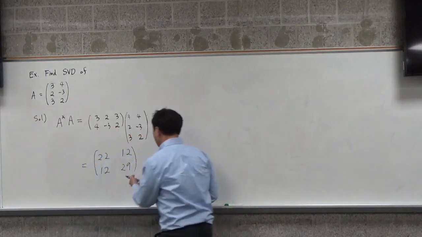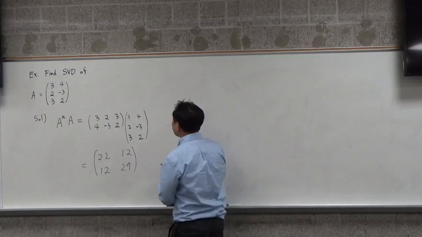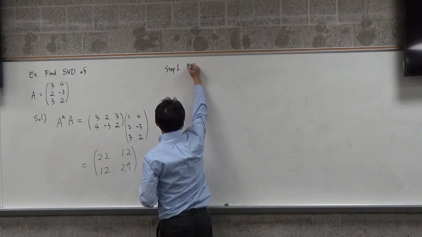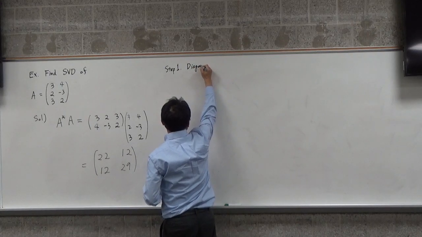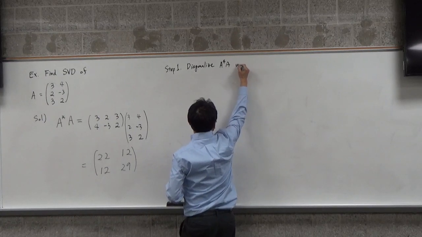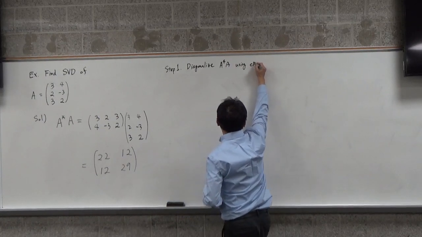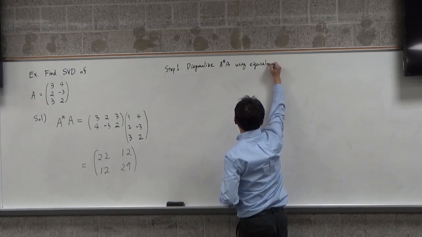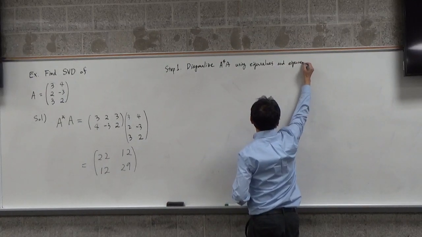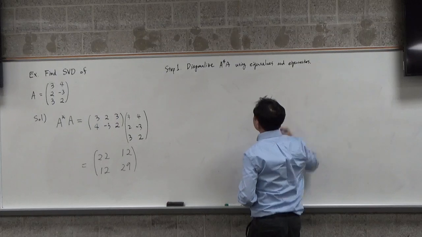So let's do this. Step 1: diagonalize A star A using eigenvalues and eigenvectors. Okay.